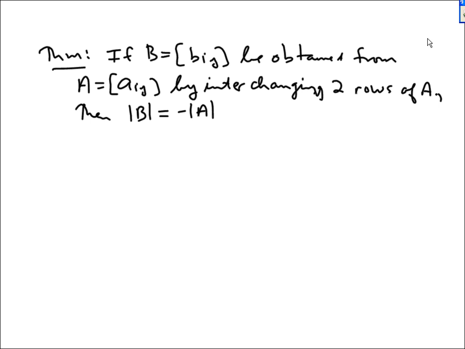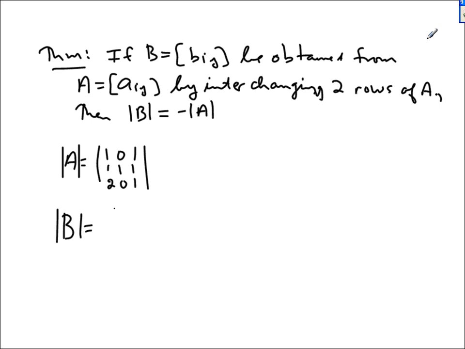I'll write down matrix A. Matrix A is 1, 0, 1, 1, 1, 1, 2, 0, 1. And matrix B is going to be, I'll interchange the first 2 rows. And I want to show that the determinants differ by a sign.